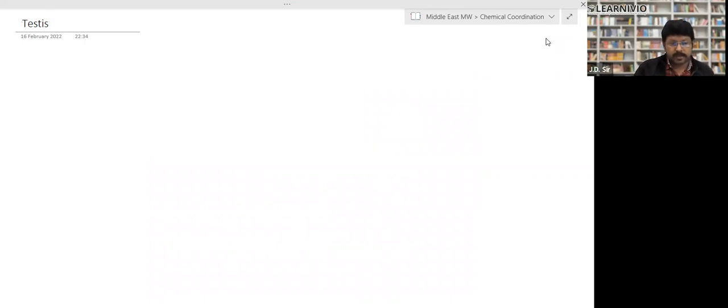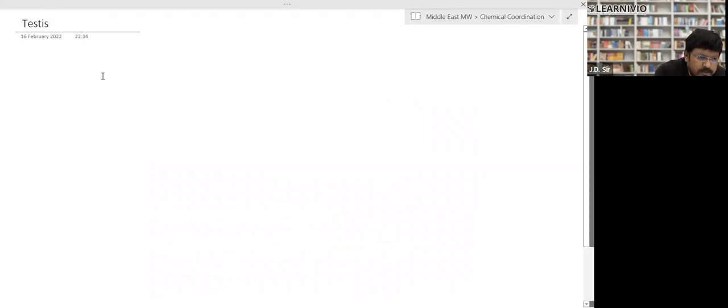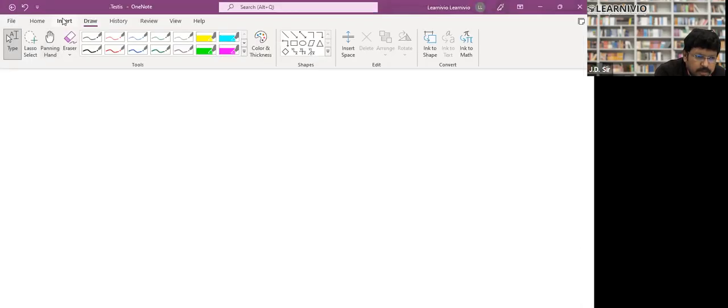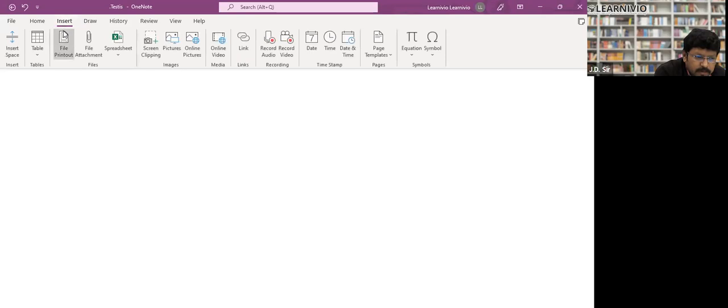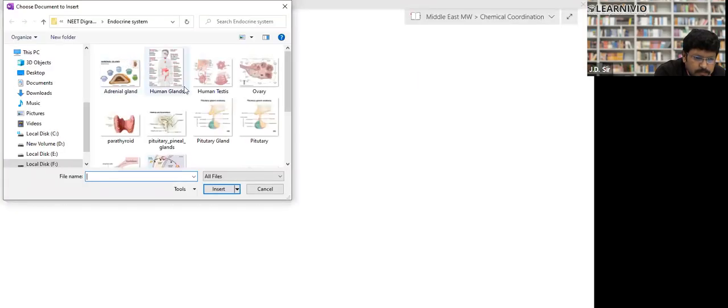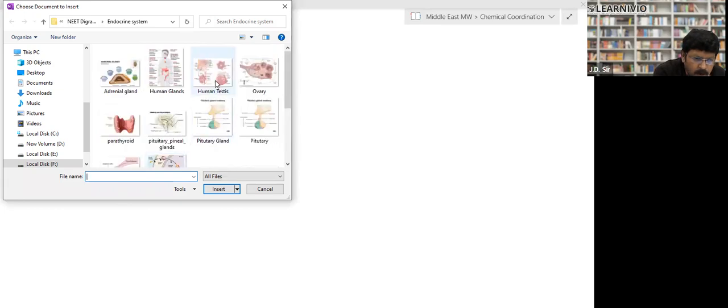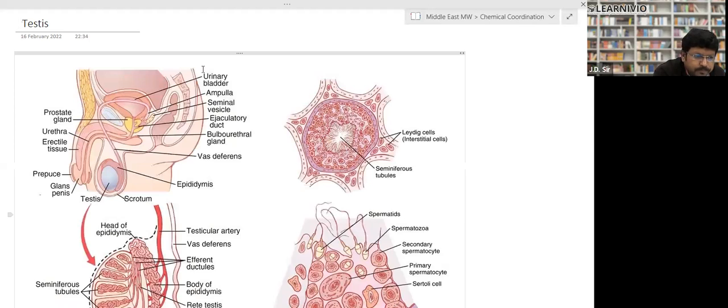We will study in detail regarding the cells which are found in testis.